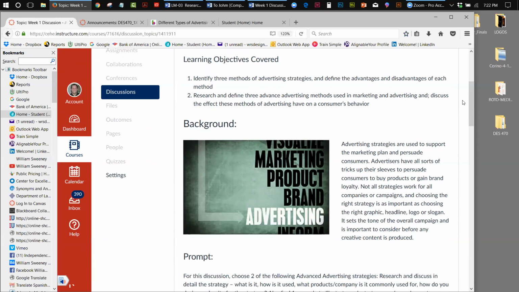So it's important to choose the right method, as important as choosing the right graphic, headline, slogan, and logo. See, all these things work together to set the tone for the campaign. It's important to consider this before any creative content is produced.